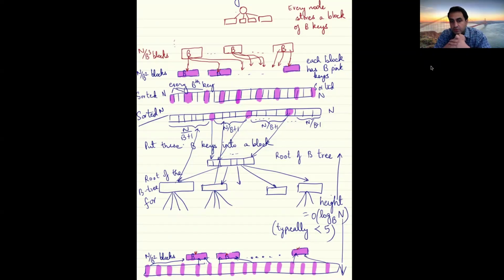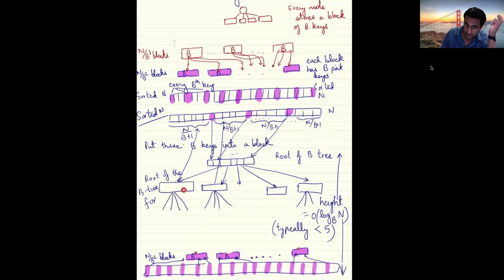Okay, so here's a question. How much space do all the blocks on the first level take? What is the total size of all the children of the root? No, so Aiden, what I mean is, the children of the root are blocks, right?